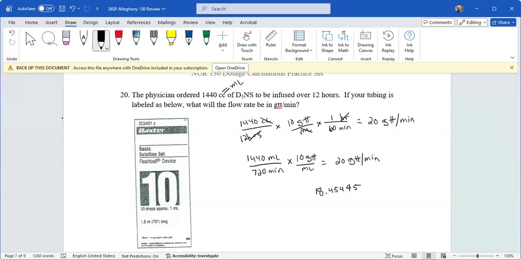So what you're going to do is look at the tenths place and round the answer to the nearest whole number. So if this is 18.4, then I'm just going to leave it at 18. But if it's something like 18.67, then it's 19.